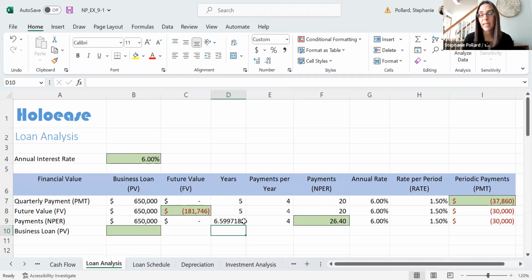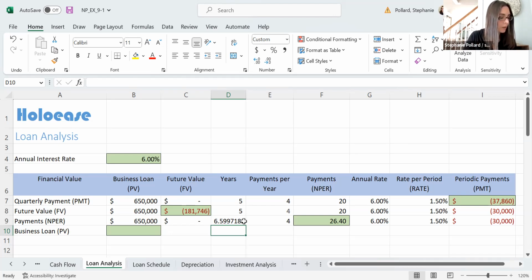I can't really, 6.5 years, my company's not going to go for that. We want to keep it under 6 years or something. So maybe you have to consider a new loan amount. The 650,000, although that's what you want, may not be what's going to happen in this case, right? So that's what we're going to focus on. This last example is how to calculate the loan amount and kind of go backwards.